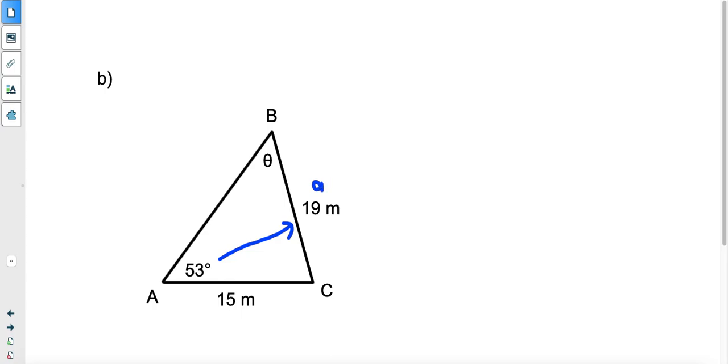We also have angle B here, and we label the side across from this as little b. Here, since we're looking for the missing angle, we can use this formula right here. So sine of angle A divided by a is equal to sine of angle B divided by b.